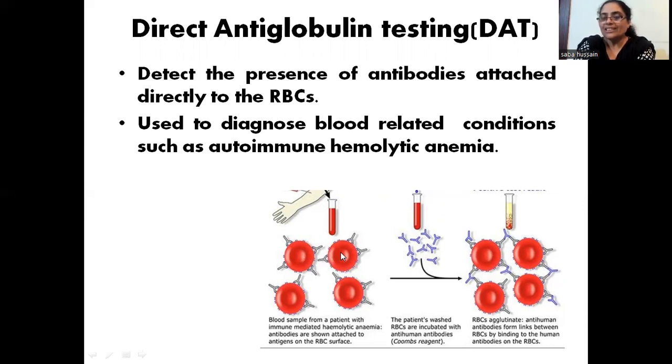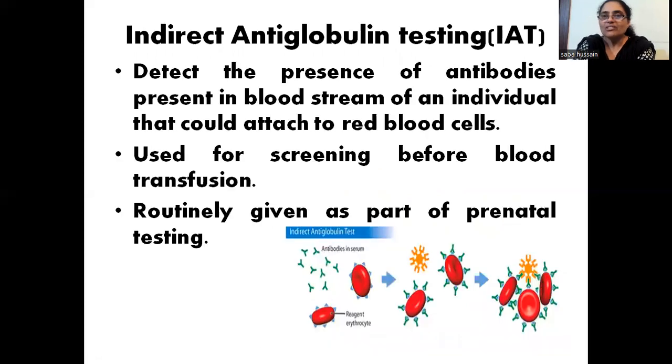If we want to detect them, we add anti-human immunoglobulin, that is antibodies against these antibodies. When this is added, if these antibodies are present, they will make a clump, that is agglutination will occur. This happens if we want to detect certain kinds of autoimmune diseases. One example is autoimmune hemolytic anemia. Other examples I will also be discussing.